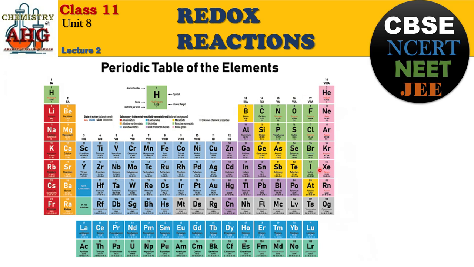One thing to always remember: non-metals are more electronegative than metals. Whenever there is a comparison of a metal and a non-metal, non-metals are more electronegative, metals are less electronegative.